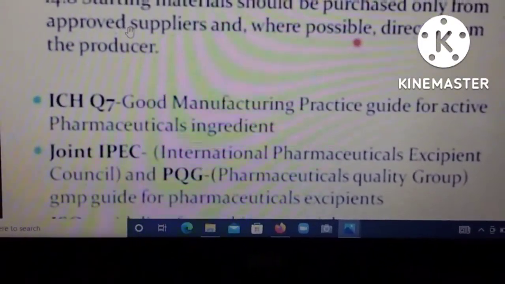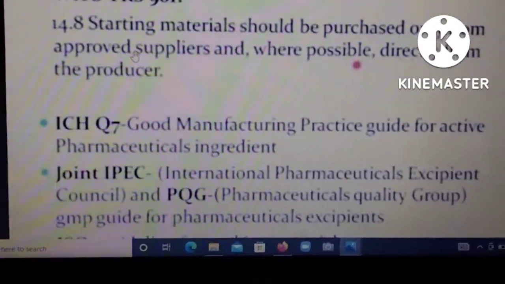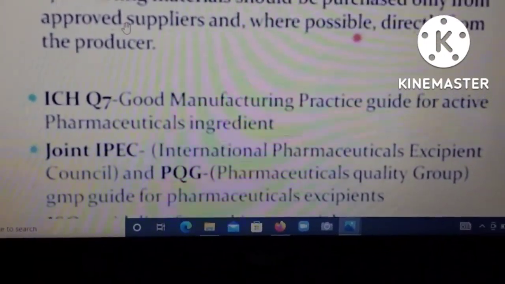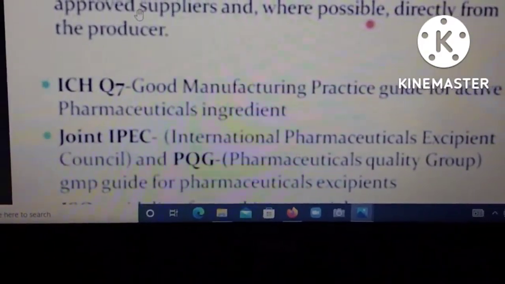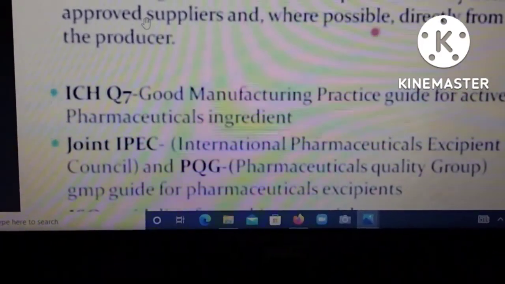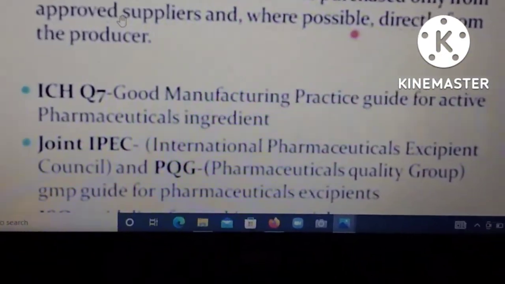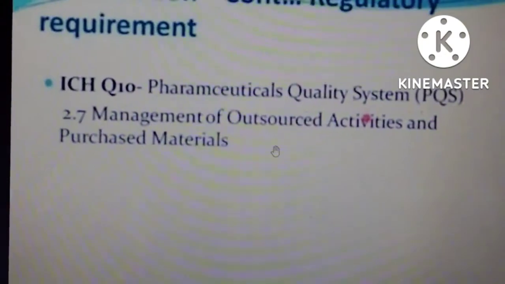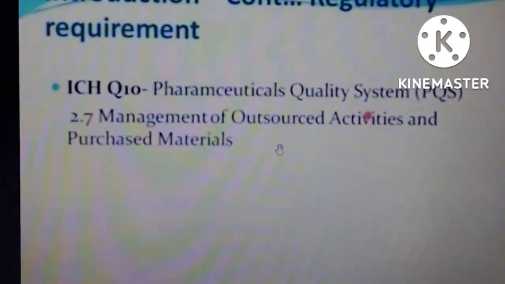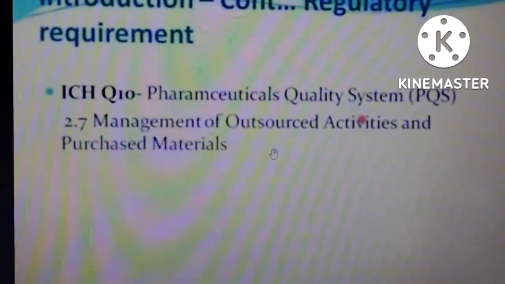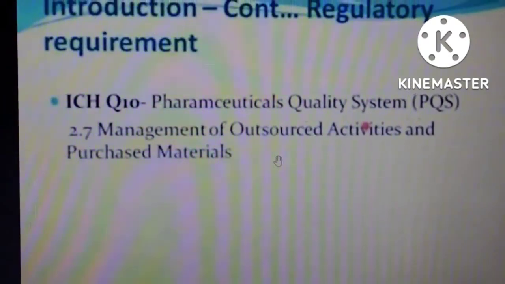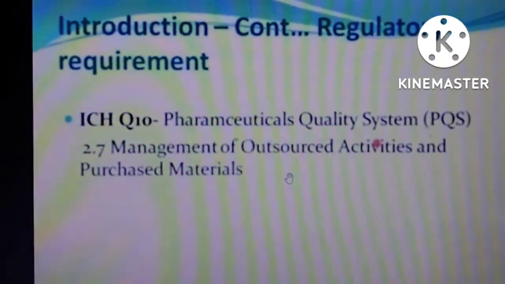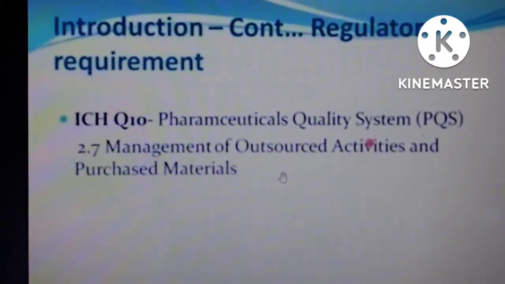And ICH Q7, GMP guide for active pharmaceutical ingredients, and also IPEC, International Pharmaceutical Excipients Council, and PQG, Pharmaceutical Quality Group, GMP guide for pharmaceutical excipients, and also the ISO guideline for packing material, followed by ICH Q10, that means Pharmaceutical Quality System PQS 2.7, management of outsourced activities and purchased materials. These are the guidelines and regulatory requirements for the qualification of the vendor.